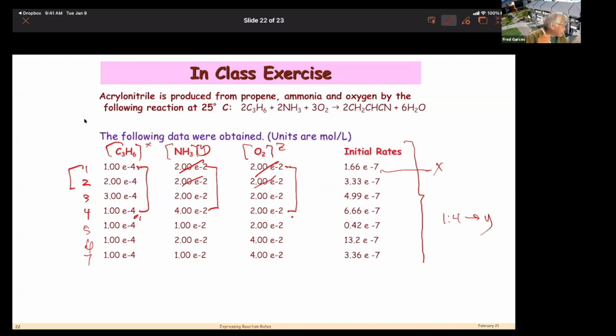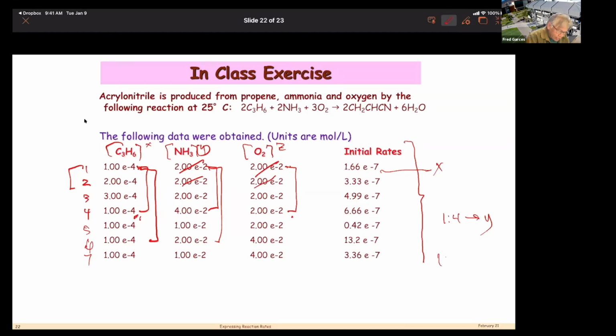Okay, and then finally, the last variable to determine is Z. And so I need to find experiments in which C3H6 and NH3 are the same. So let me look at this. Let's do these 2 right here, 1 and 6. In 1 and 6, the concentration of C3H6 is 1 times 10 to the minus 4. The concentration of NH3 is 2 times 10 to the minus 4.